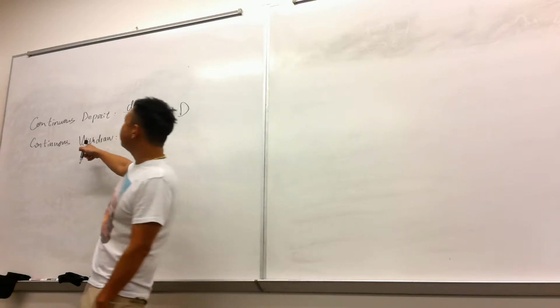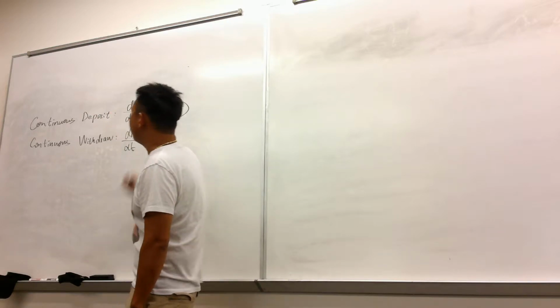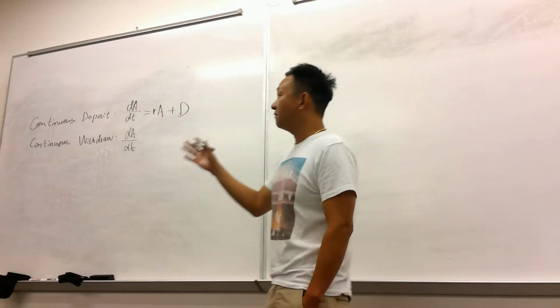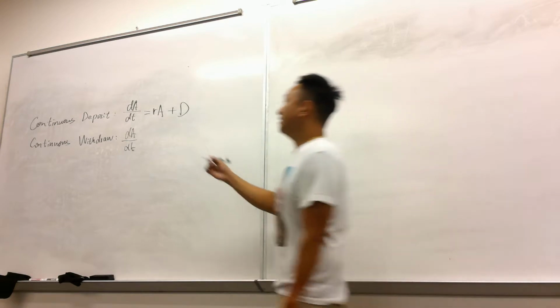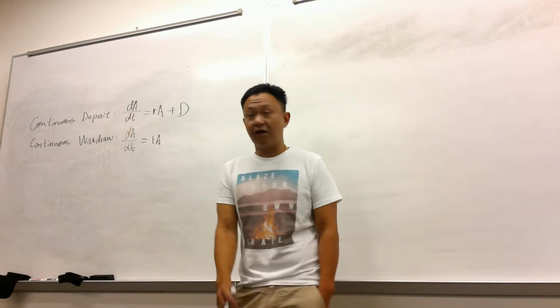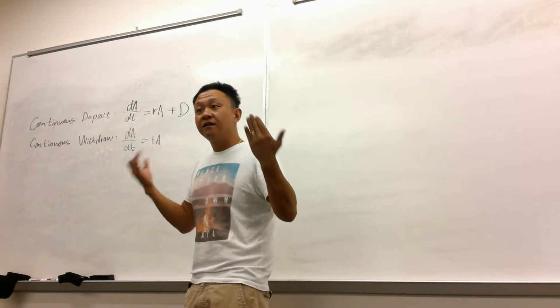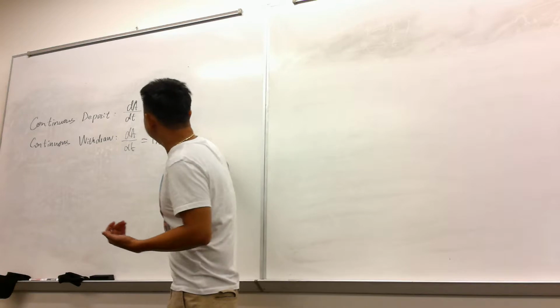And this continuous withdrawal is almost the same. dA over dt means the rate of change of your total amount of money with respect to time, which equals, again, the bank will still give you the interest no matter what. And because it's withdrawal, money is supposed to be less than what it would have been.